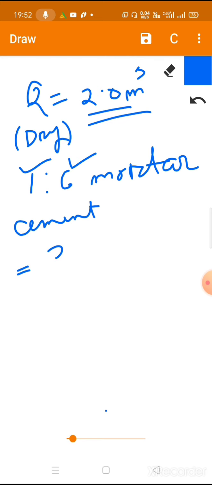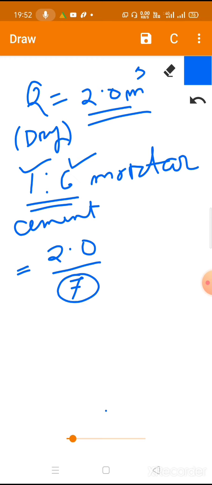What is the total dry volume? 2 meter cube. What is the total of the ratio? 6 plus 1 is equal to 7. And among this 7, what is the contribution of cement? Contribution of cement is 1. So multiplied by 1. Ultimately this will come as 0.3 meter cube.